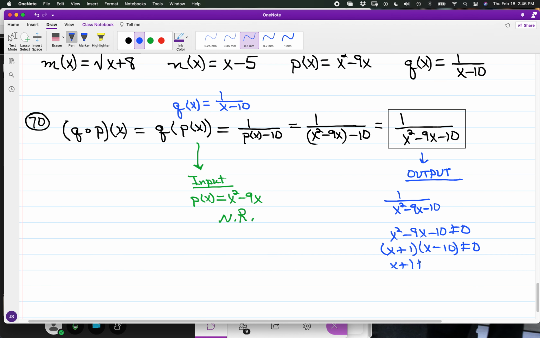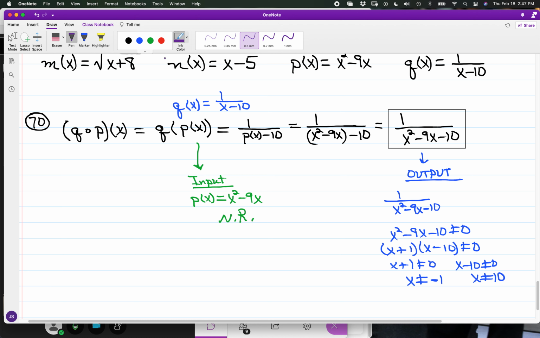And from these, if the expression cannot be 0, then neither can its factors. So from x plus 1 not allowed to equal 0, we have x cannot be negative 1. And for x minus 10, if this cannot be 0, then x cannot be equal to 10.